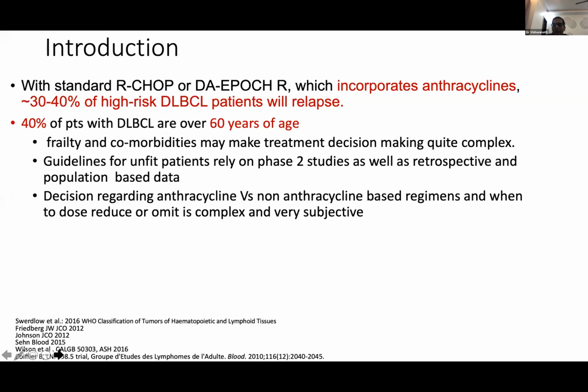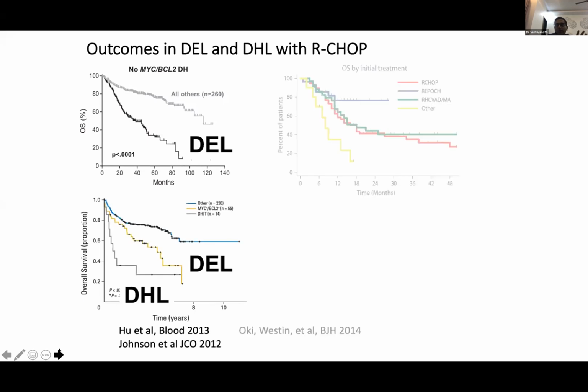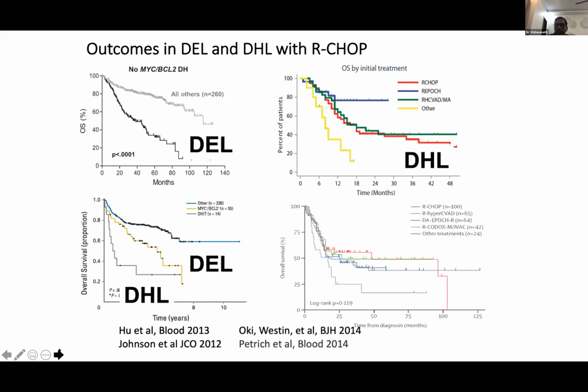The decision regarding anthracycline versus non-anthracycline based regimens, and when to dose reduce or omit anthracyclines, is very complex and very subjective. DLBCL is a spectrum. We have patients with double expressive lymphomas, we have double hit lymphomas, and we have the conventional GCBs with very limited stage disease who do wonderfully well.